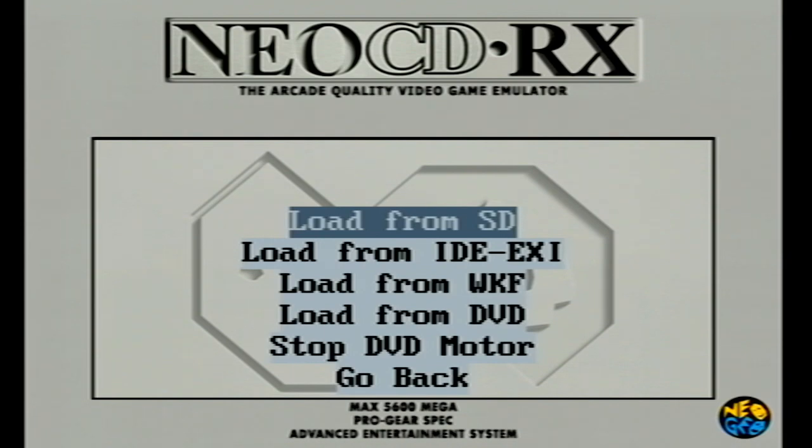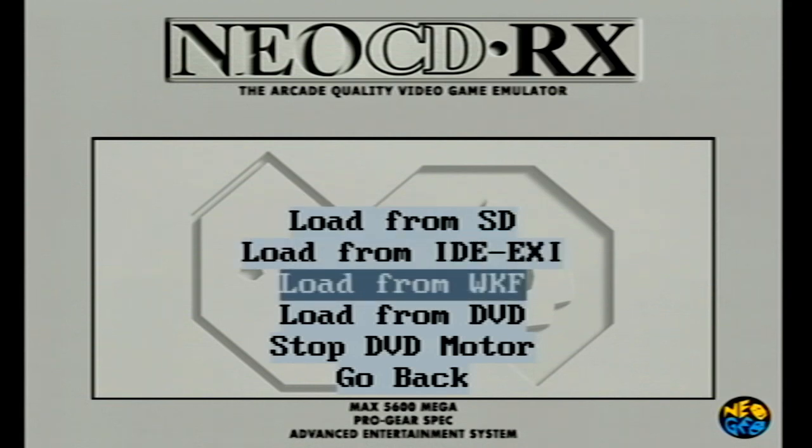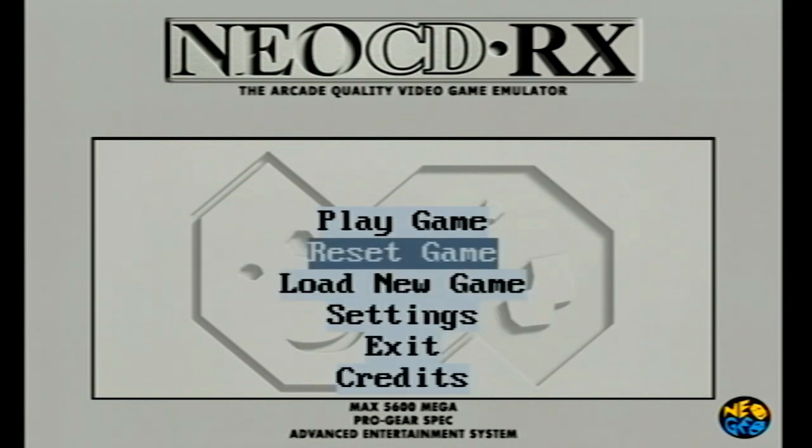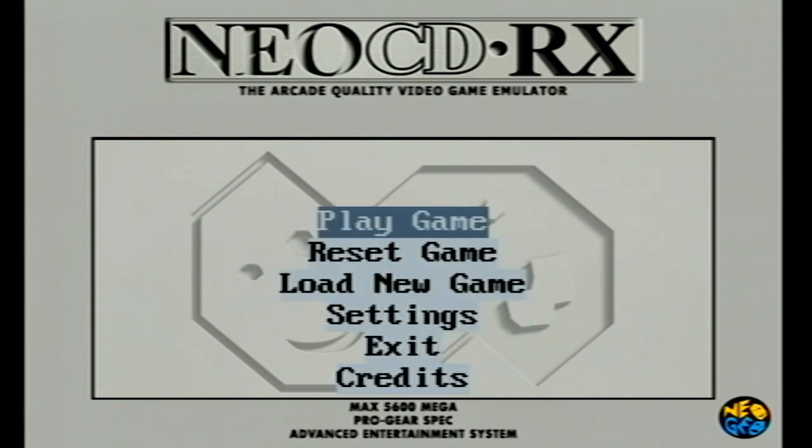To go back in Neo Geo CD, you hit the Z. That is the little blue right trigger button on your GameCube controller. You hit Z. And I'm going to go all the way back to show you. As you could see, I was hitting play game, but I didn't have a game loaded. So it's just going to blink like that and go back here.